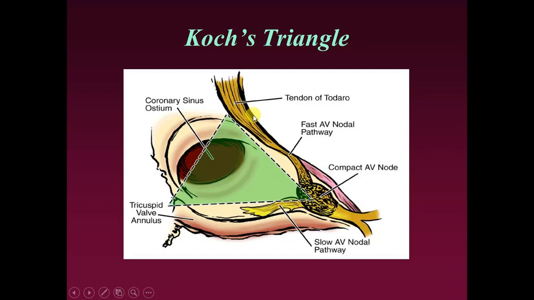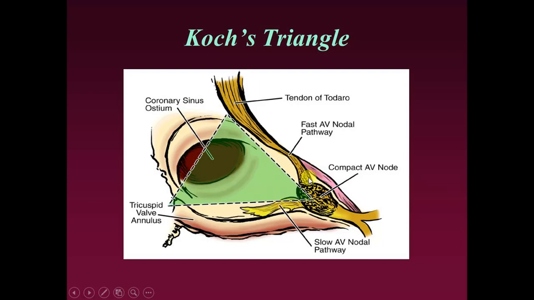So here we can see the Koch triangle. This is the tendon of Todaro, and this is the fast AV nodal pathway. And then here is the opening of the coronary sinus, and here below is the tricuspid valve annulus, and there is the slow AV nodal pathway.